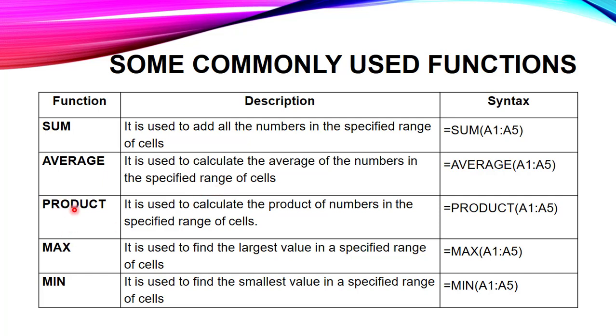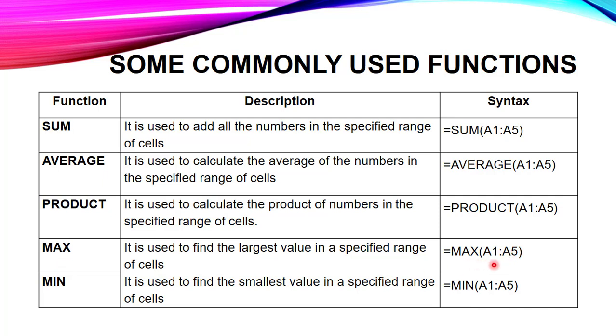The next is product. For multiplying the numbers or for calculating the product, we can use the product function of MS Excel. It can be written like this. Then next we have max. Max stands for maximum. Fine. So for finding the largest value, we can use the max function.